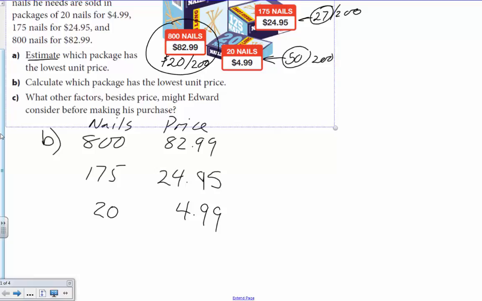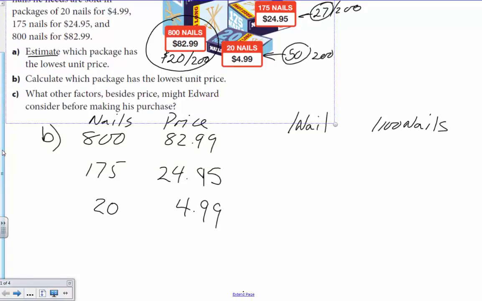Now you have a choice here. Some people will do this per nail, which is fine. It's an easy process to do that. Or what you can do is per 100 nails, which both are valid options. You get to pick which way works best for you.